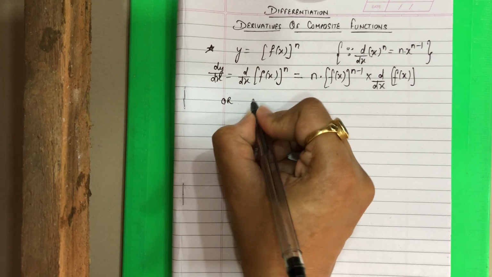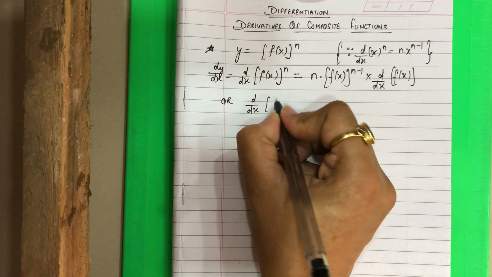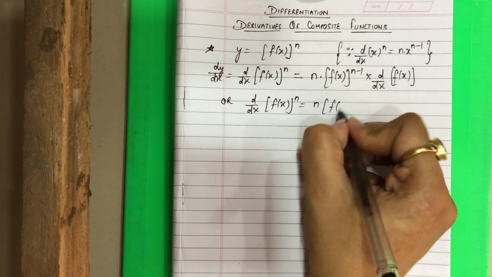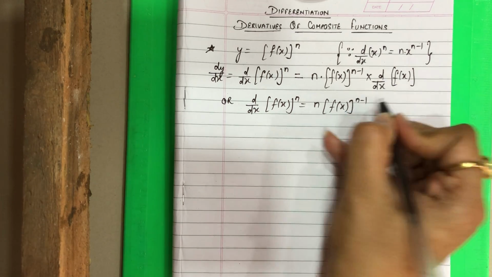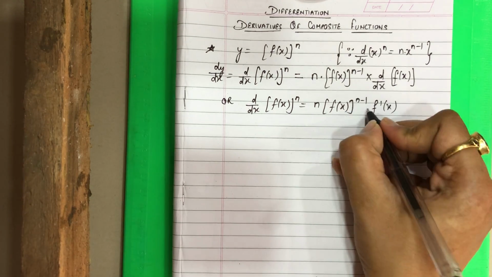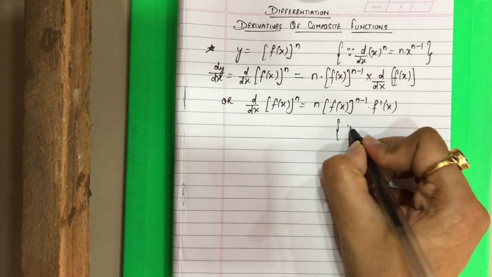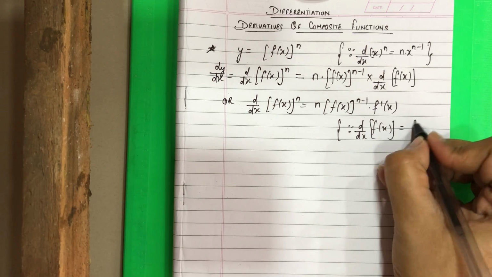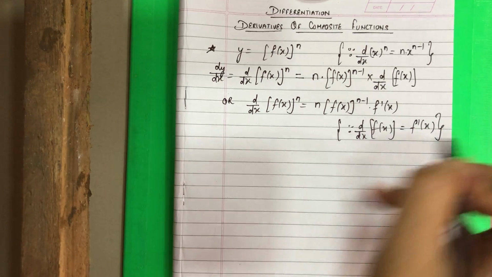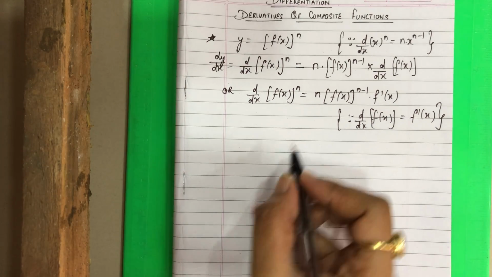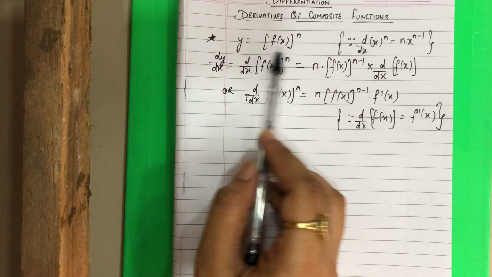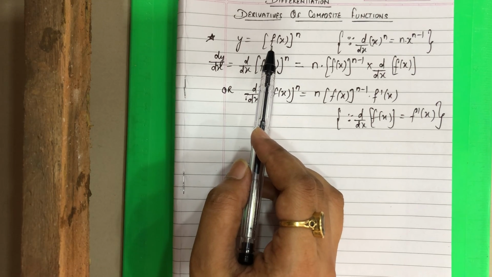Or we can write down d by dx of f(x) raised to the power n is equal to n f(x) raised to the power n minus 1 into f dash x. Means in place of d by dx of f(x) we are writing f dash x, as we know this value. So this is the formula for finding out the derivative of composite function f(x) raised to the power n.